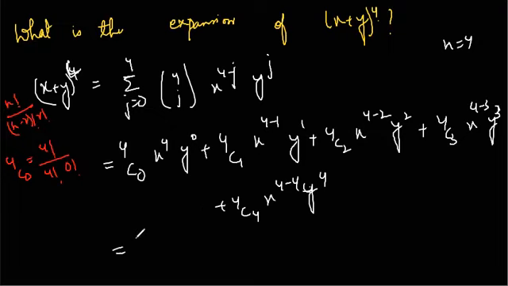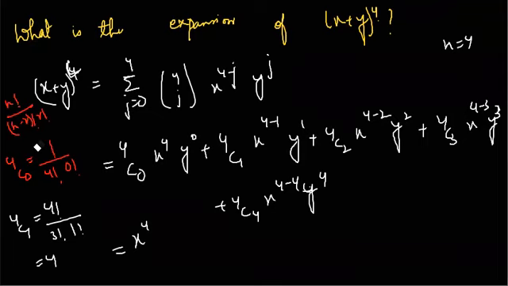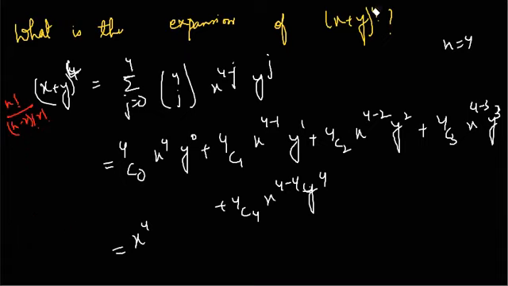So this will give us x power 4 only, since y power 0 is anyway 1. And 4C1 will give us 4 factorial by 3 factorial into 1 factorial, so this is 4 only. So this will give us 4x cube y.